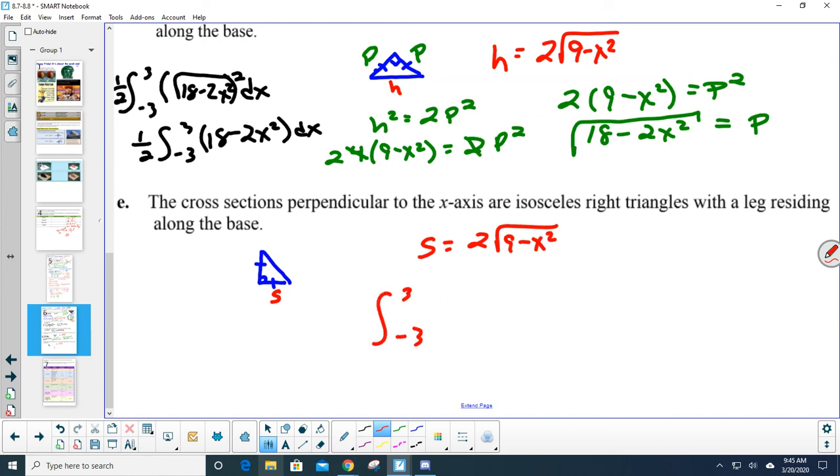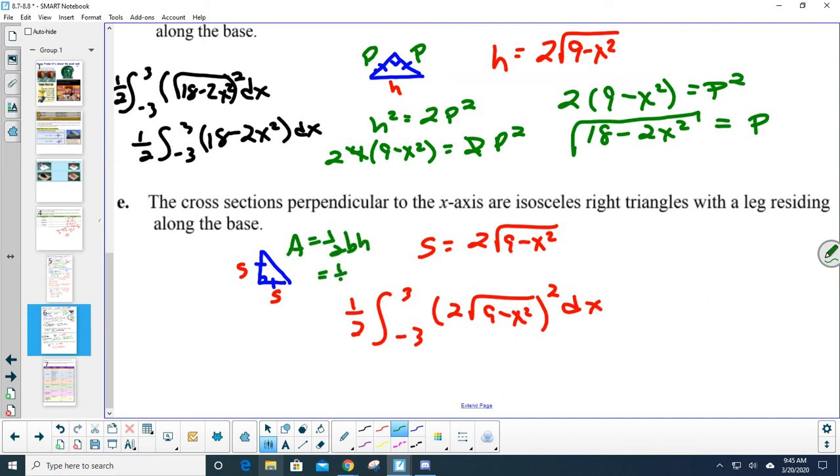From -3 to 3, my 1/2. This is my base. This is my height. And that's what you would take the antiderivative of. You'd work it out. But see how much easier E is? This is just area, 1/2 base times height, 1/2 side times side.